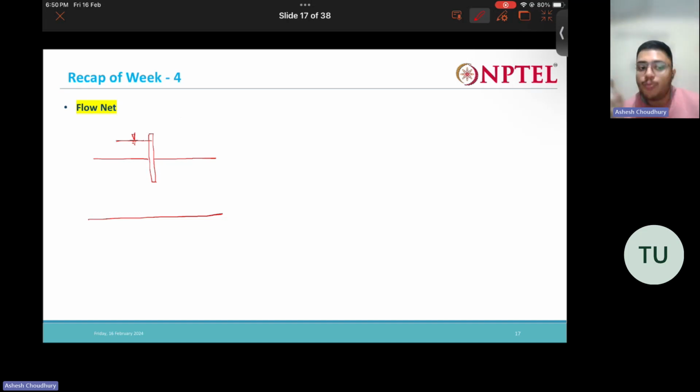If we draw the flow nets properly, taking the scale and following all the rules, we can calculate the amount of flow that is going to take place. Say in a field you have this arrangement, and you are asked to find out how much water is going to seep through the soil to the downstream side.